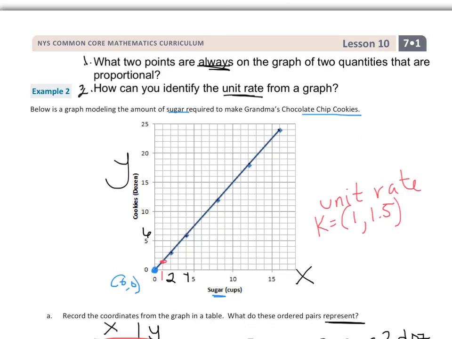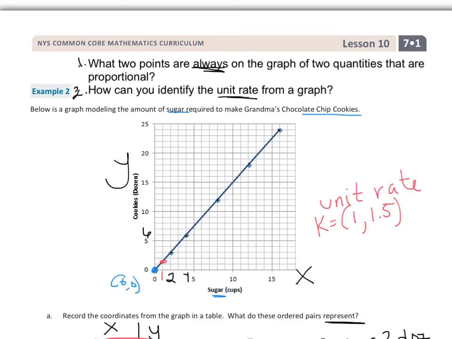All right, so now I'm back to the very top, or you can go to your homework page. These essential questions are on your homework on page 15. So if you want to write them down there, you'll get your homework points going. All right, so what 2 points are always on a graph of two quantities that are proportional? Well, the 1 point that we've already talked about with proportionality was the origin. We've always said it has to go through the origin to be proportional. So that is one of the points.